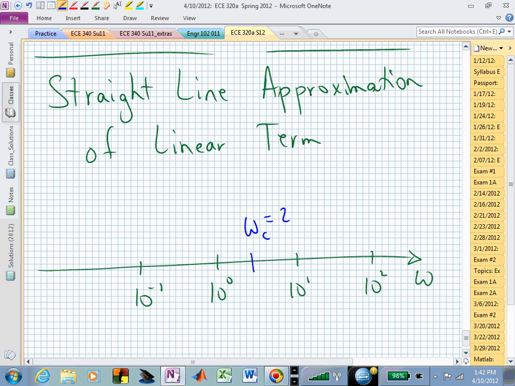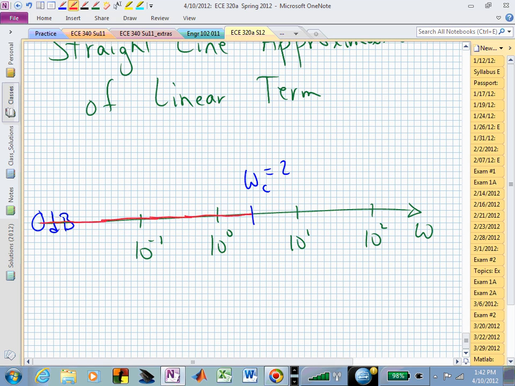Below that, we said we can approximate that by 0 dB. And this line that I've sketched is my 0 dB line. So now my sketch is going to be flat. And now I'm going to simply connect those two approximations. And the other one said that I needed to be going down at 20 dB per decade.